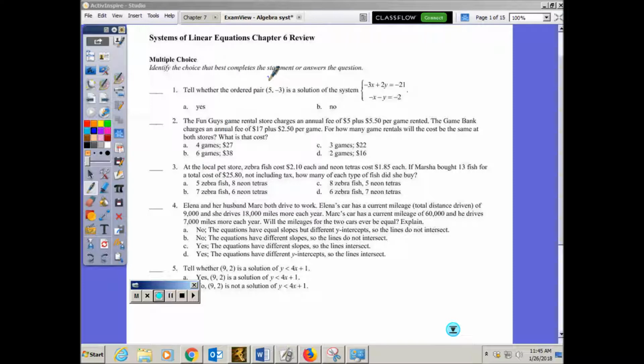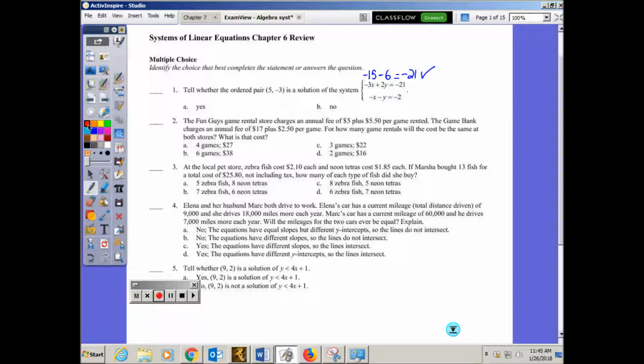Negative 5 times negative 3 is going to give me negative 15, correct? 2 times negative 3 is going to give me negative 6. Negative 15 minus 6 is equal to negative 21.